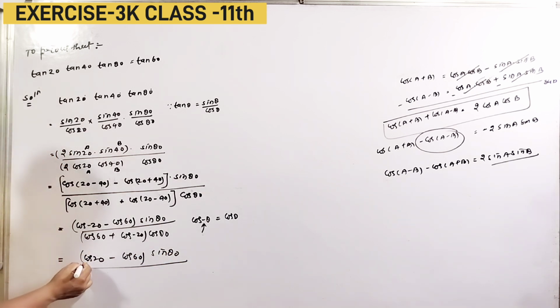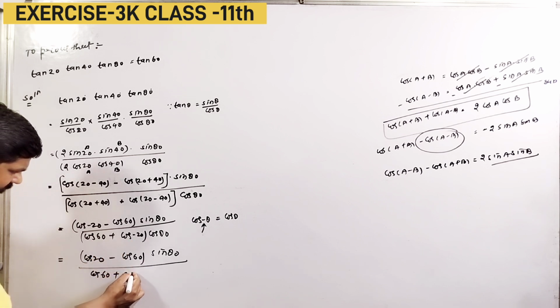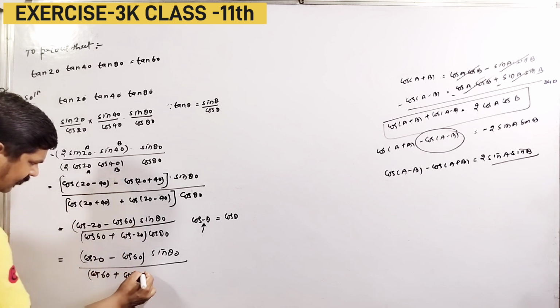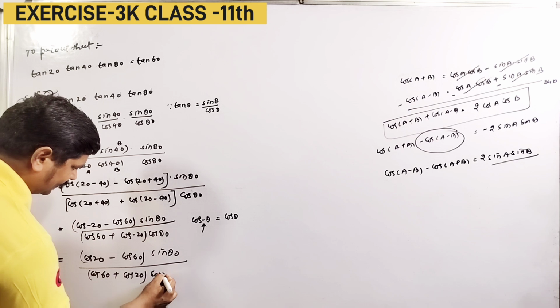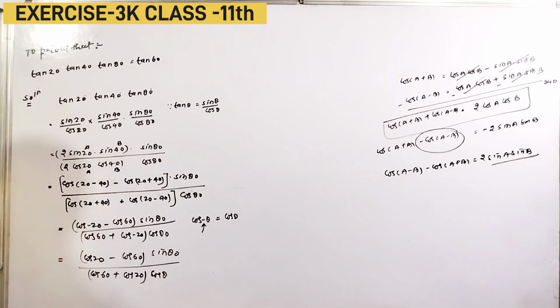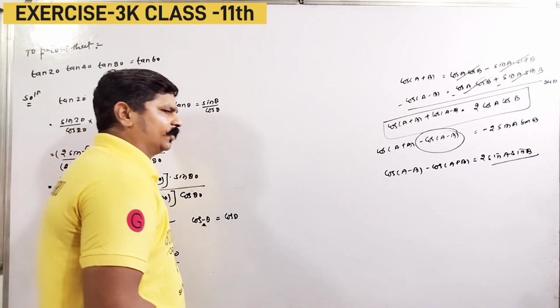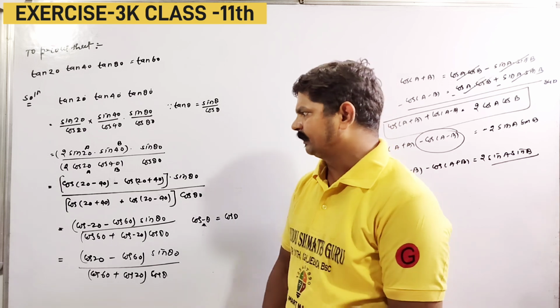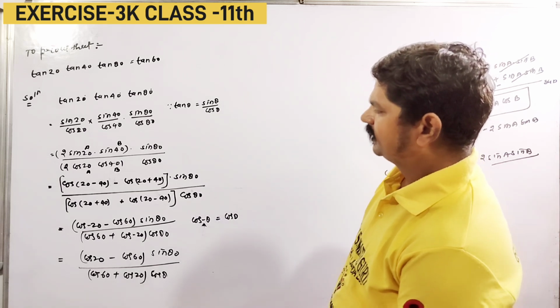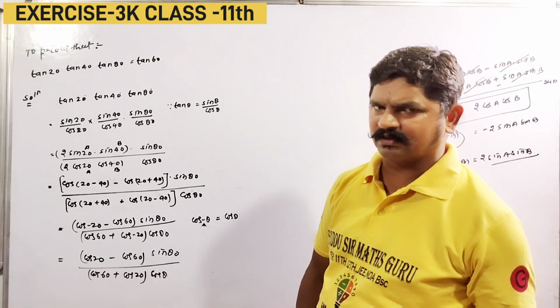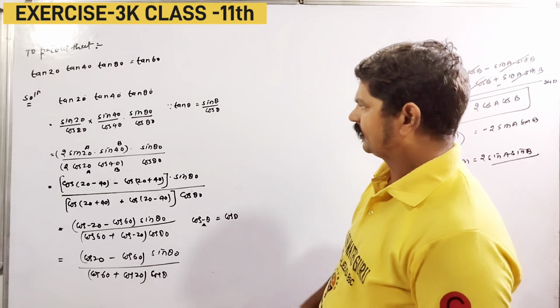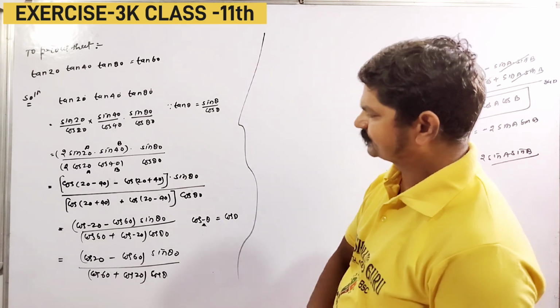And there is cos 20 degrees and cos 80. So everything is as usual, there is no problem. Whenever you get this type of question, you apply the same procedure, everywhere.